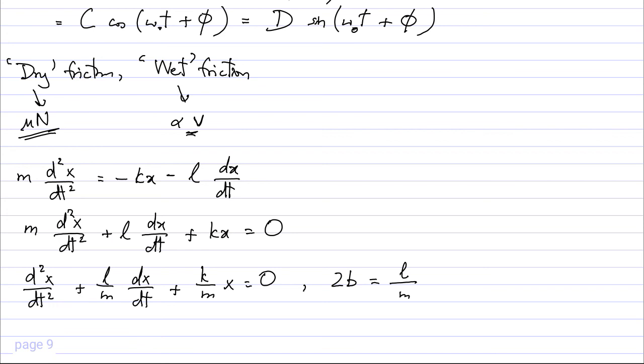This k over m, of course, I define as omega naught squared, same as before. So then the differential equation that I need to solve is d2x by dt2 plus 2b dx by dt plus omega naught squared x is equal to 0.